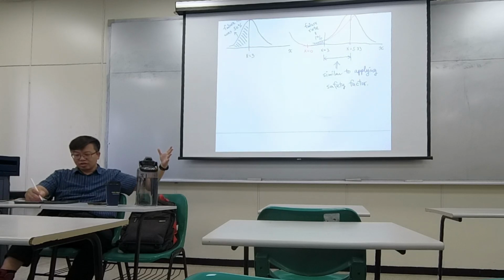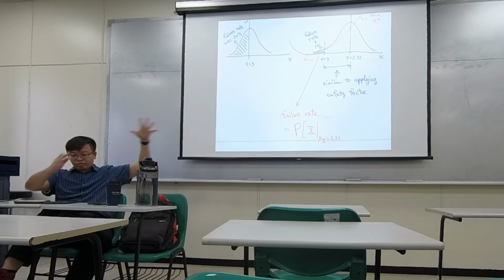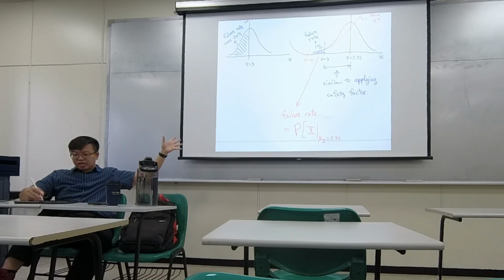So this is the failure rate, the probability of my uncertain distribution, where the mean is located at 5.33, being smaller than 3, which is my fail event. Now it is being controlled at 1%.